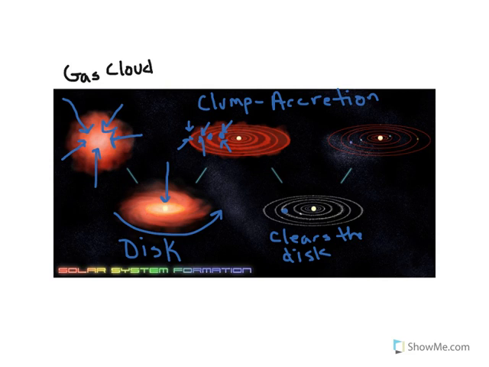Our clumps are getting bigger, and eventually, as you see here, each of the orbits, there's material all around. Eventually all of that material accumulates and we have our planets, and the orbits are relatively clear.